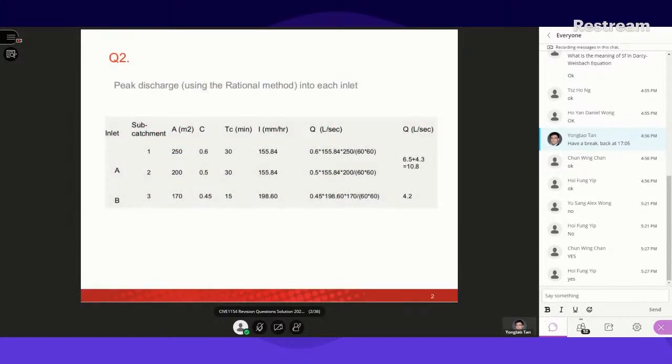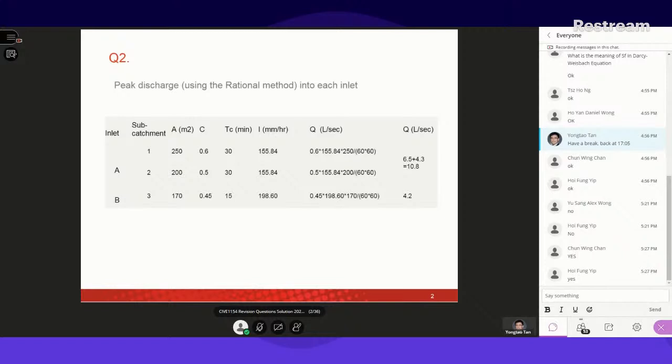There are 3 subcatchments: A1, A2, and A3. You can refer to the version of the questions you downloaded.